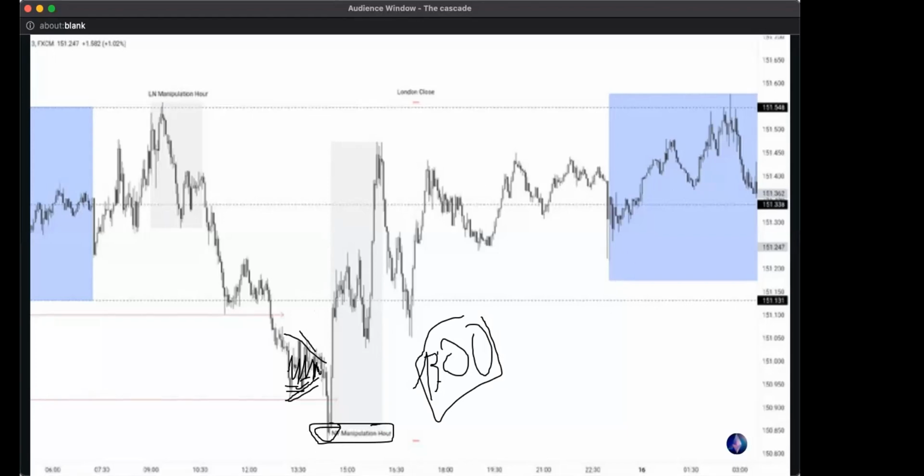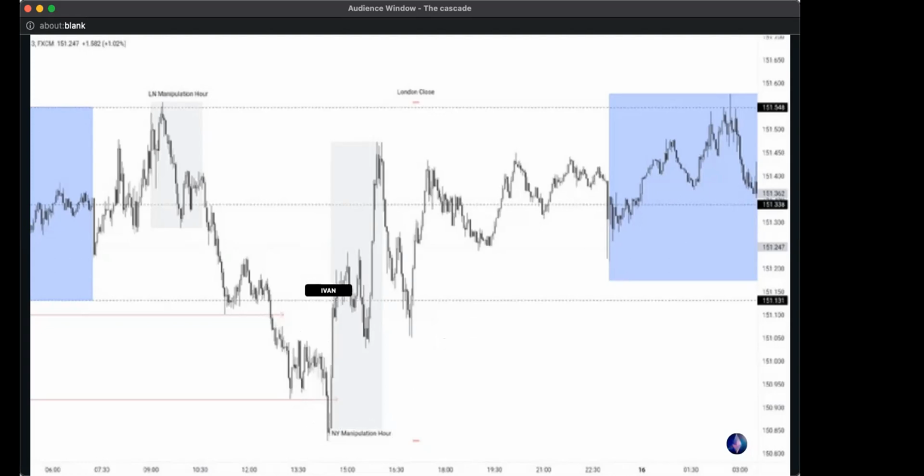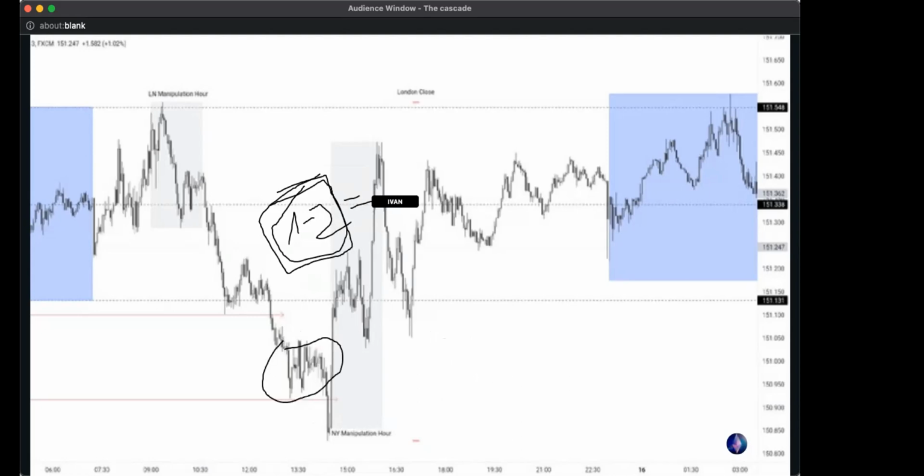From 1 to 2 p.m., there's nothing going on in the market. Usually, don't hold my words, but nothing is usually happening in the market. From 2 to 2:30, it's the so-called gap.